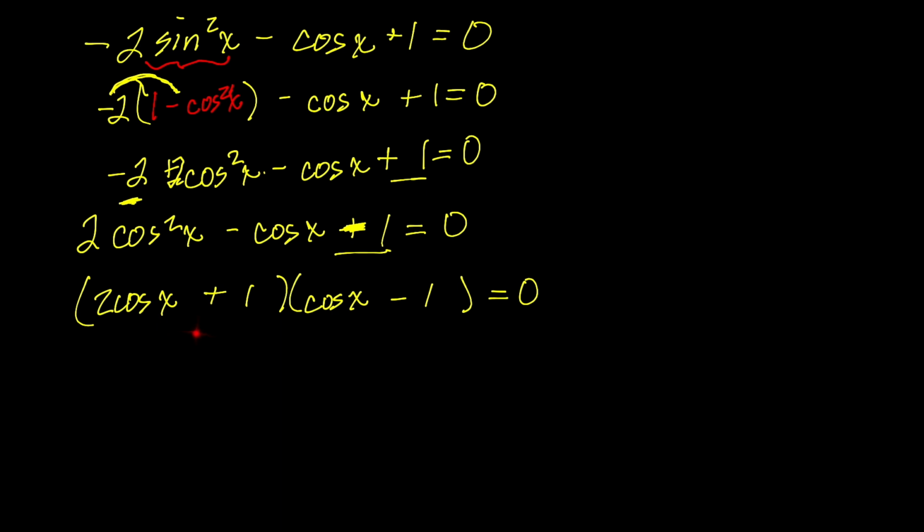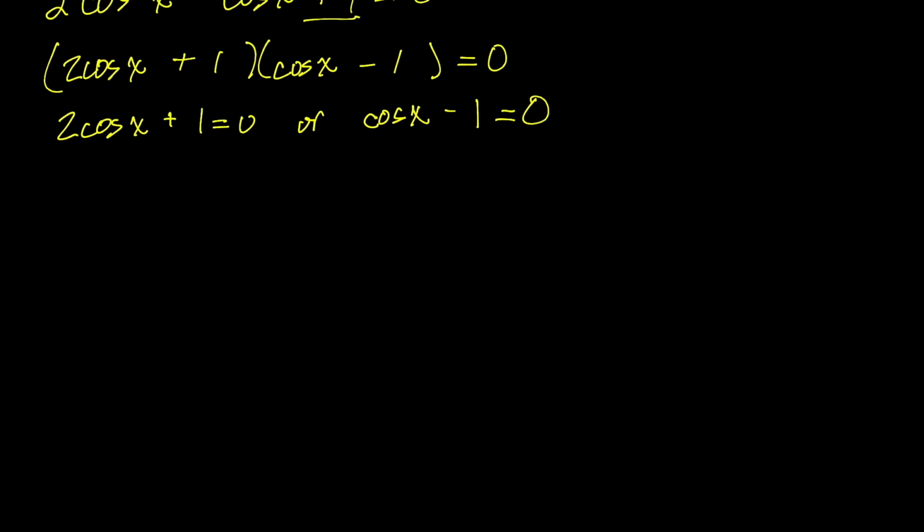So zero product property. If this times that is 0, then this is 0 or that is 0. So let's go ahead and separate that out. 2 cosine x plus 1 equals 0, or cosine of x minus 1 equals 0. All right, I'm going to slide so I don't erase by accident.